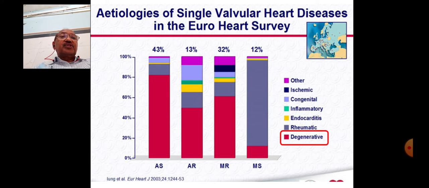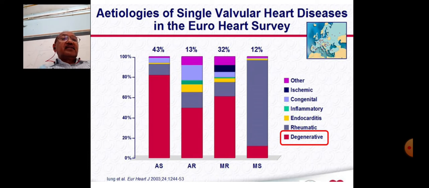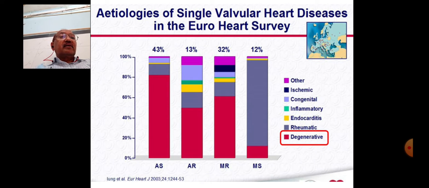And of course, in aortic and mitral regurgitation, in between other etiologies which one has to consider instead of degenerative and rheumatic, are endocarditis, inflammatory, congenital, and ischemic.